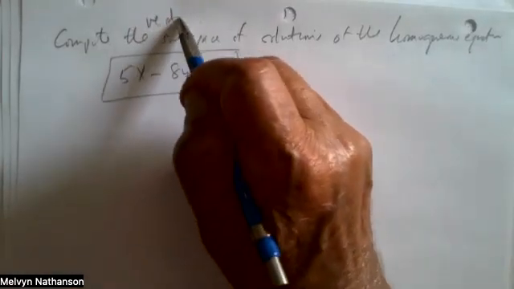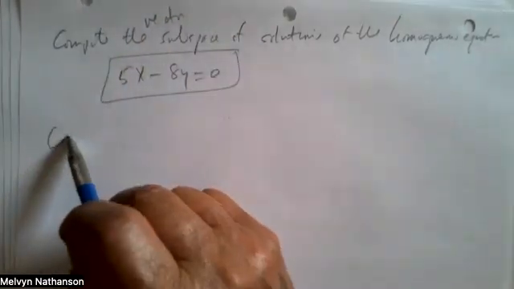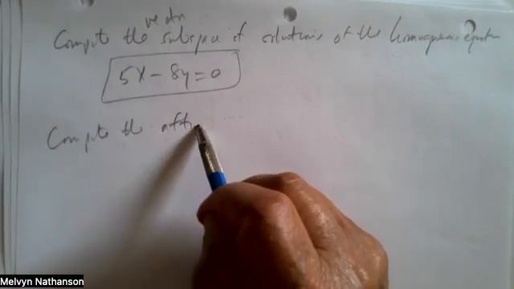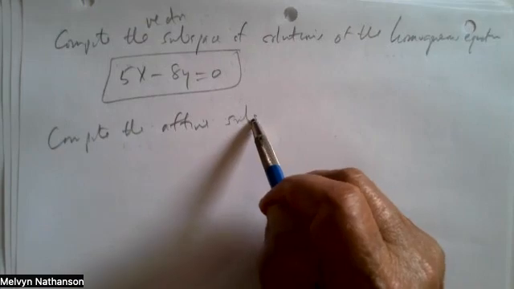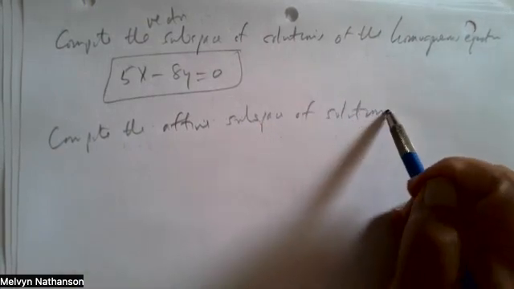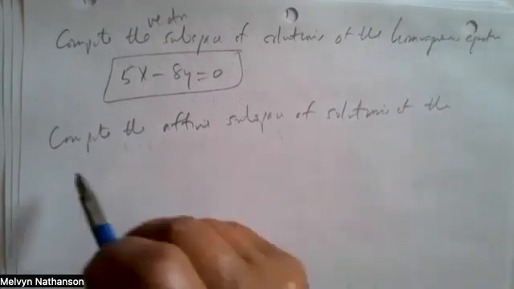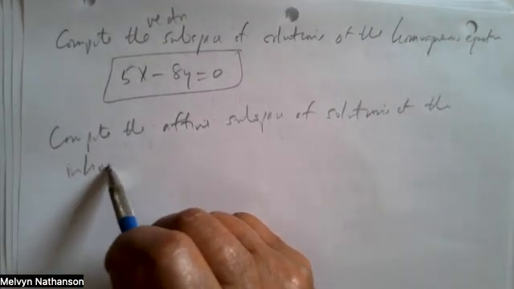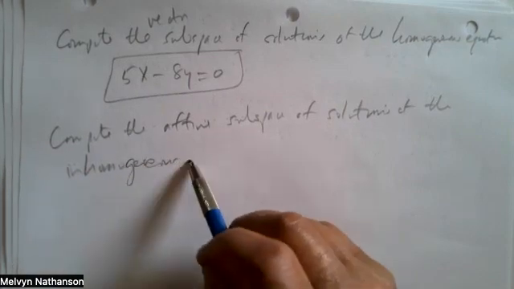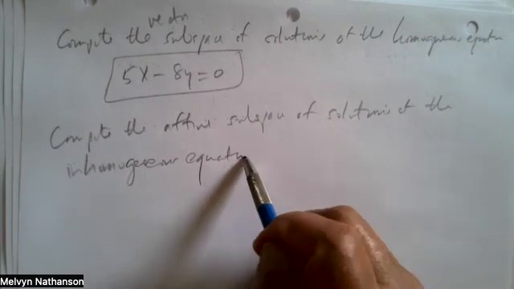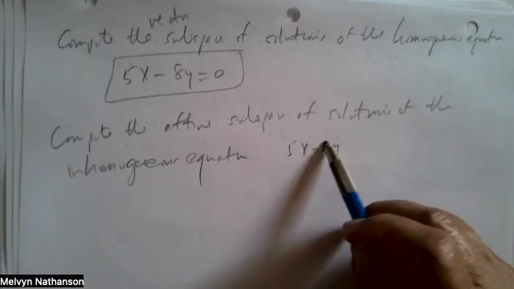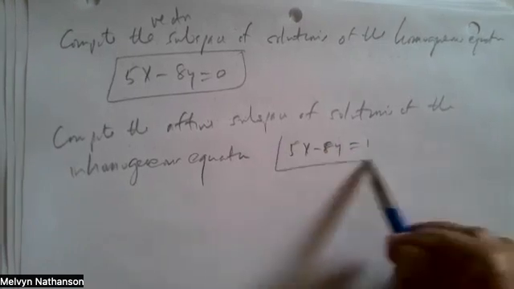So that's a vector subspace. And compute the affine subspace of solutions of the inhomogeneous equation 5x minus 8y equals 1.